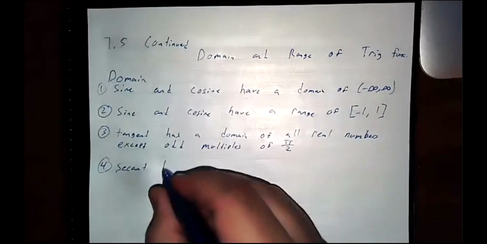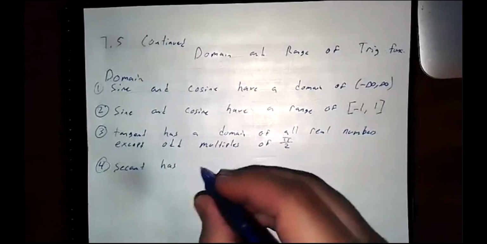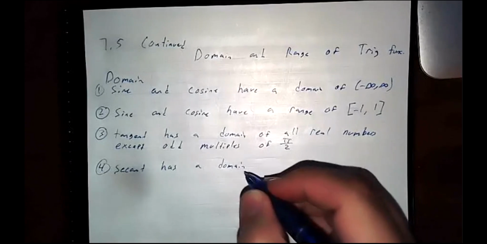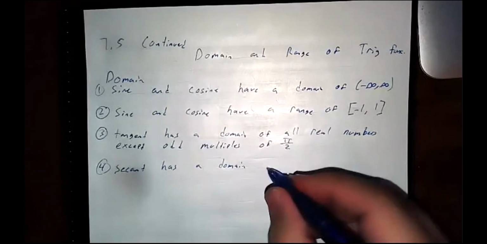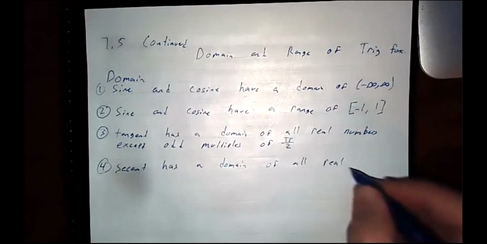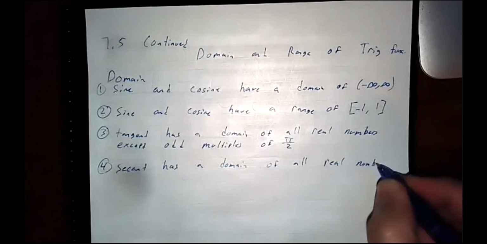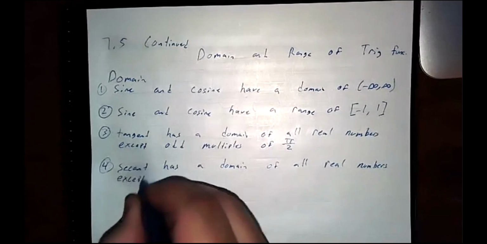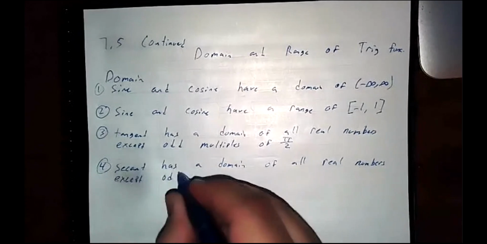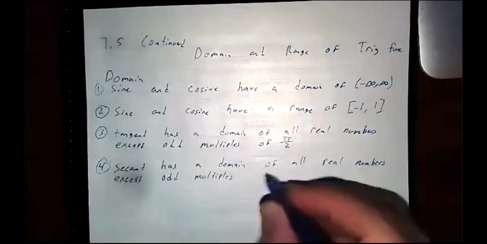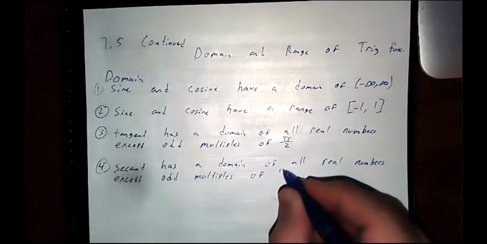Secant has a domain of all real numbers except odd multiples of pi over 2.